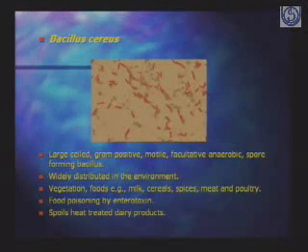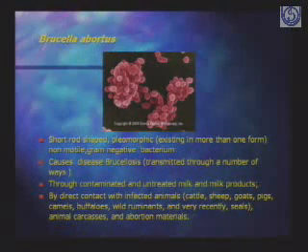The most commonly encountered Bacillus species is Bacillus cereus. These are large cell, gram-positive, motile, facultative anaerobes. They lead to food poisoning by enterotoxin. Then we have Brucella abortus.